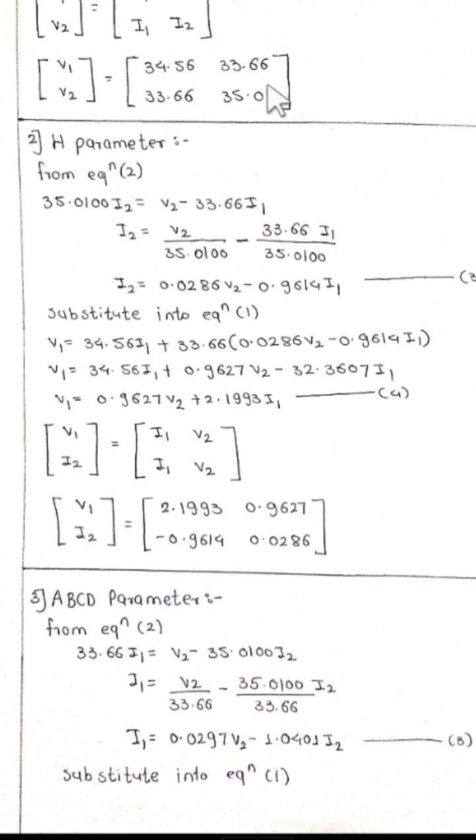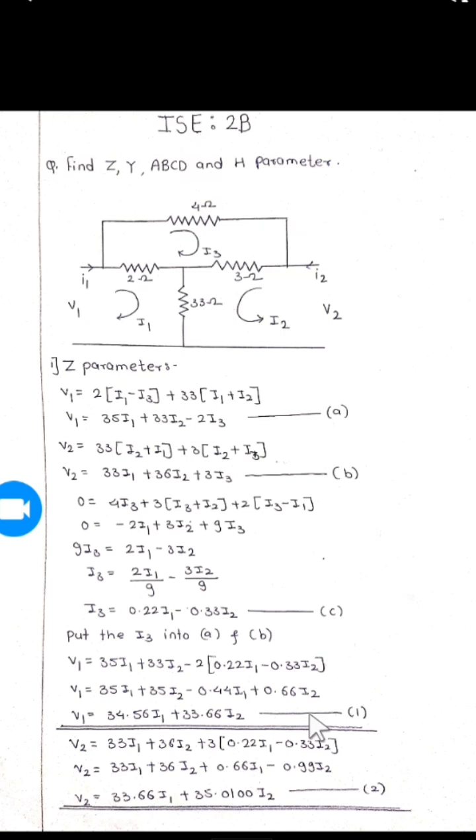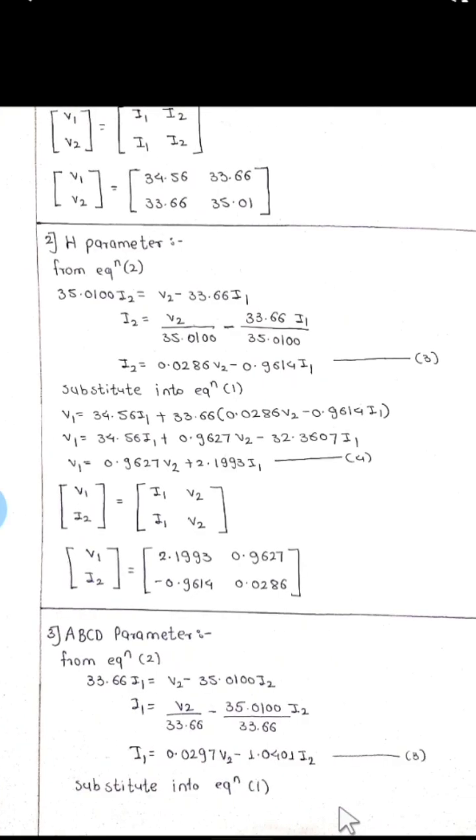And we know the matrix for the Z parameter, that is V1 V2 is equal to, in the first row I1 I2 and in the second row also I1 I2. In the equations for V1 and V2 we have included the values of I1 and I2. From equation number 1 and equation number 2 we complete this matrix. Here we completed our Z parameter.